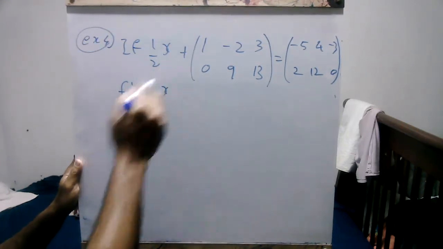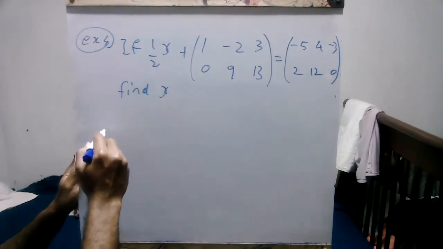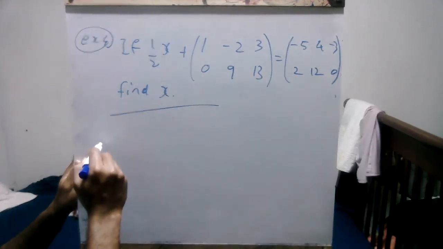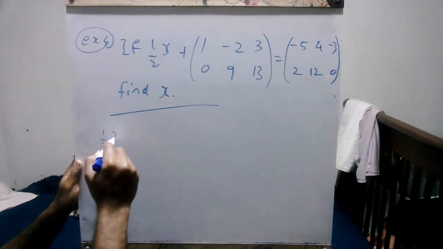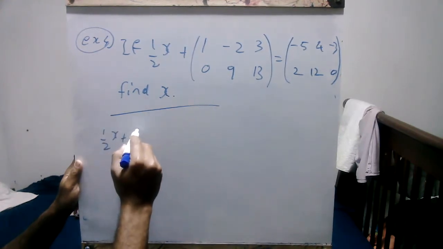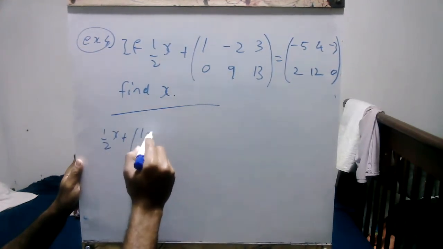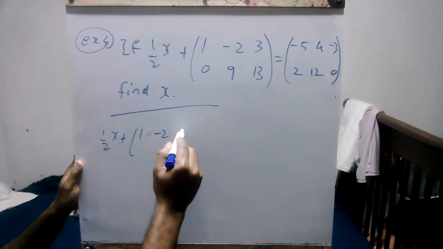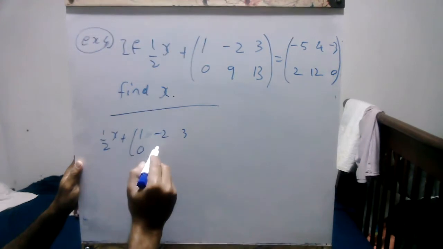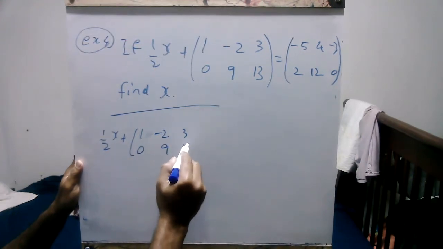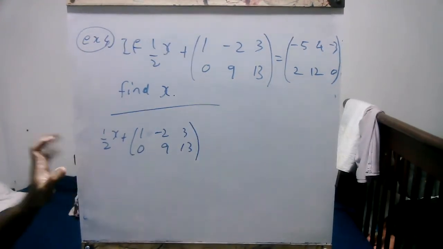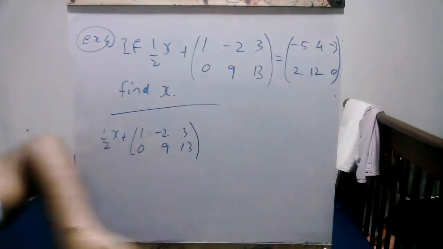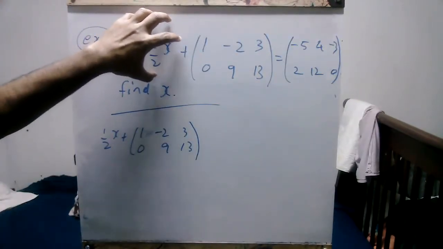On the left side we have half x plus the matrix 1, negative 2, 3, 0, 9, 13. If we subtract this matrix on both sides, we can get half x.